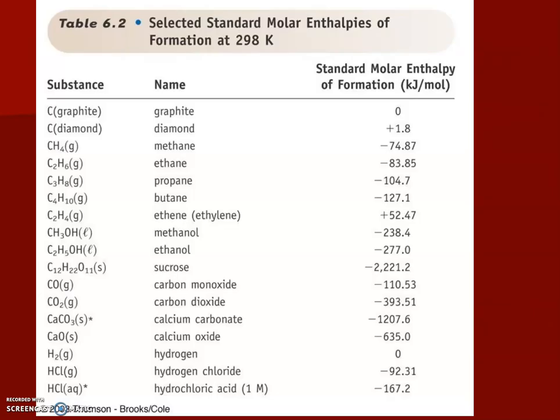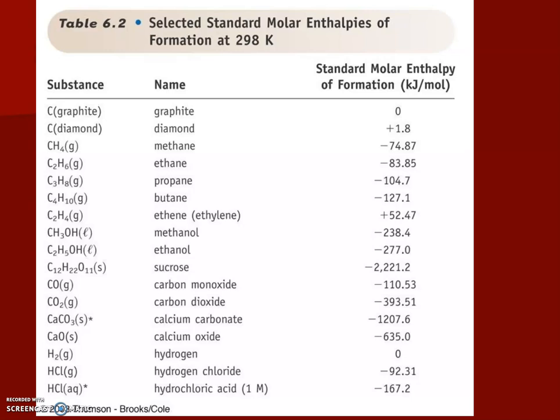So this is an example of some standard molar enthalpies. You'll see that carbon in the graphite form is 0, but carbon in the diamond form is going to take some energy.